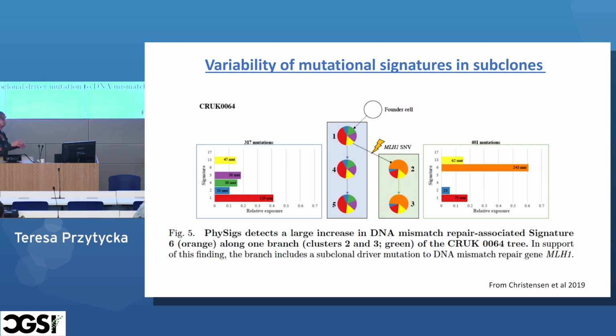They look at the subclonal evolution, and knowing the mutational profile of each subclone, they infer mutational signatures, and you can see that depending on which subclones you look at, the distribution of mutational signatures is different. And this orange signature is the signature related to mismatch repair deficiency, and it's because in this subclone a mutation happened that hit this particular DNA repair pathway.